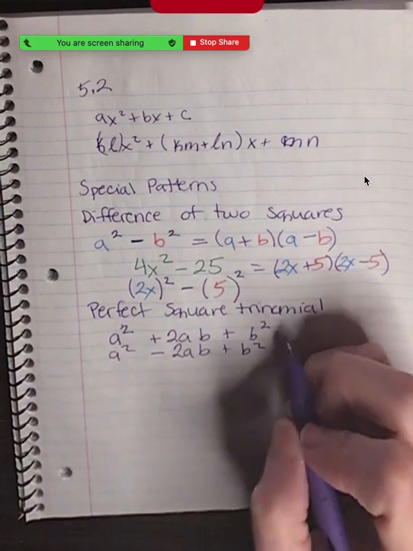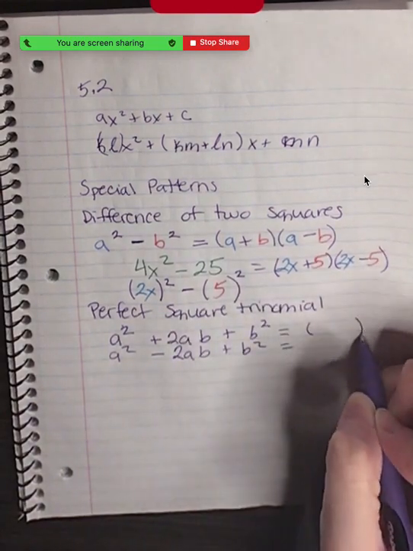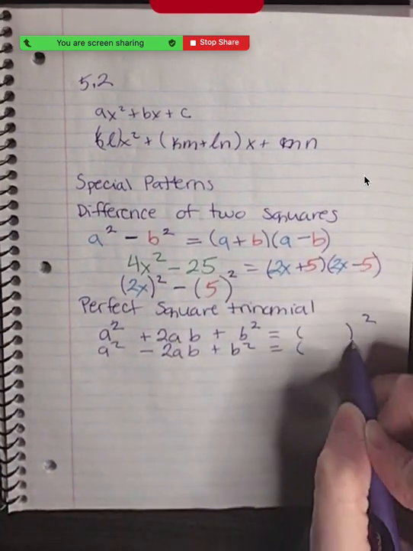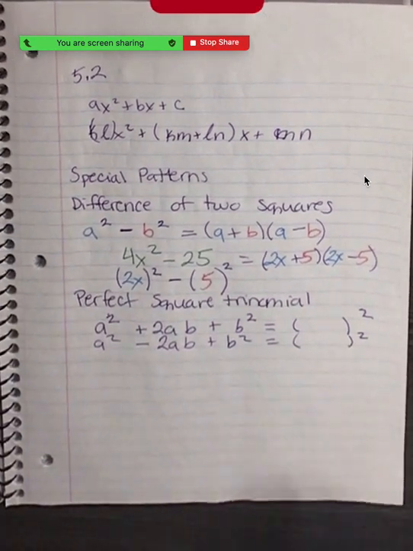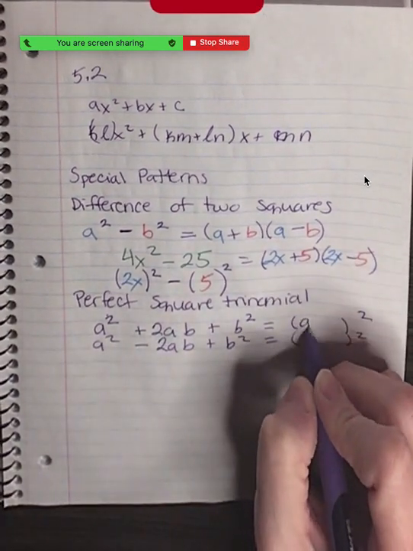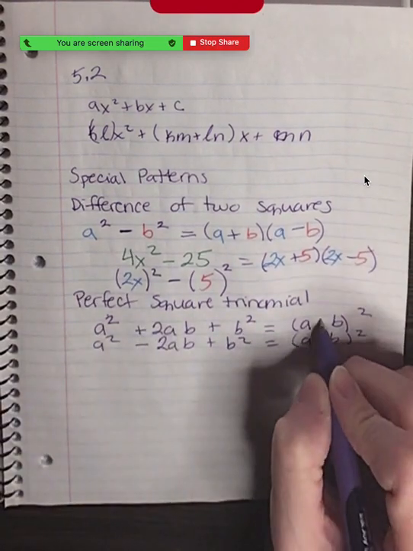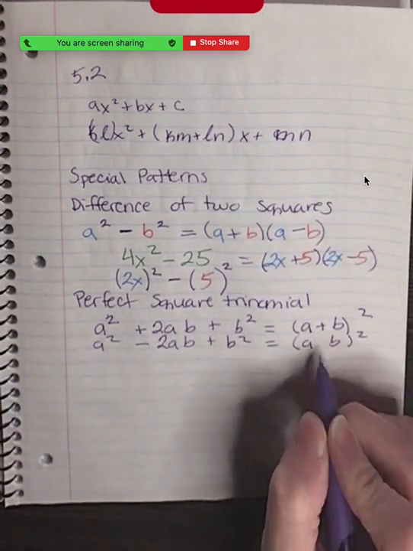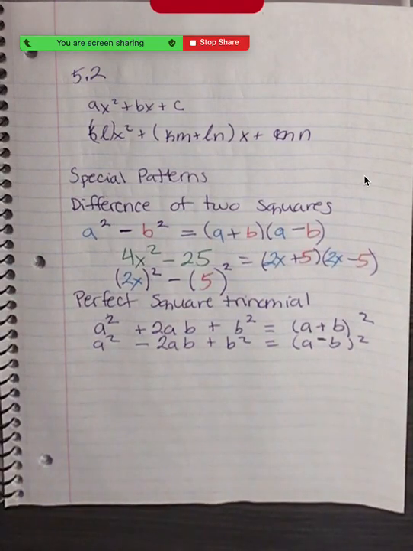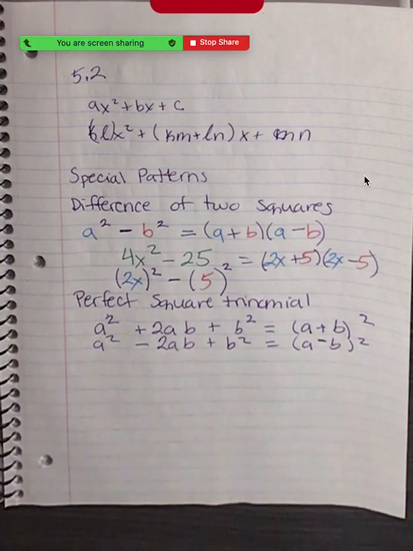When it's a perfect square trinomial, it's easy to factor because you can write it just as a binomial squared, and it's the first and the second, and then if this middle term is addition, it's plus. If the middle term is subtraction, it's minus. So a plus b squared or a minus b squared.